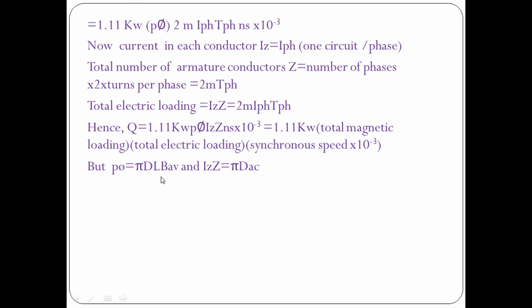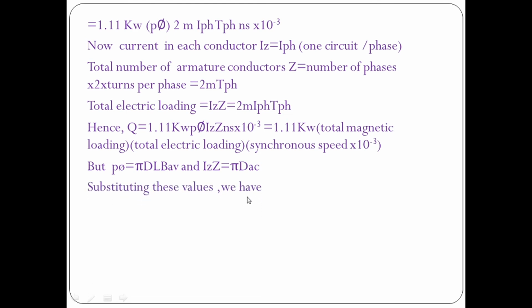If you see the definition of specific magnetic loading, BAV is equal to P phi divided by pi dl. So P phi is equal to pi dl into BAV. From the definition of specific electrical loading, AC is equal to Iz into Z divided by pi d, so Iz into Z is equal to pi d into AC, correct?